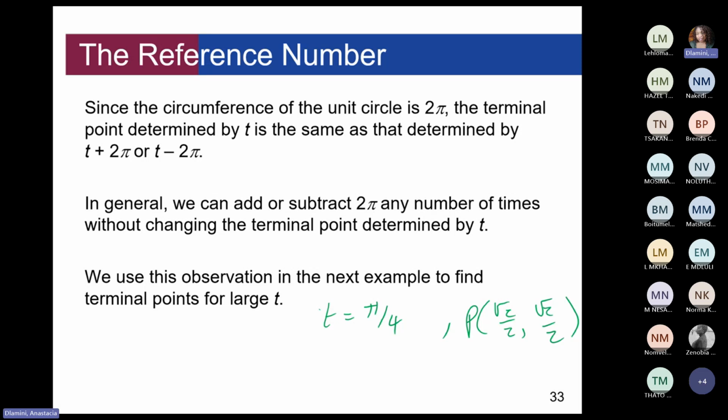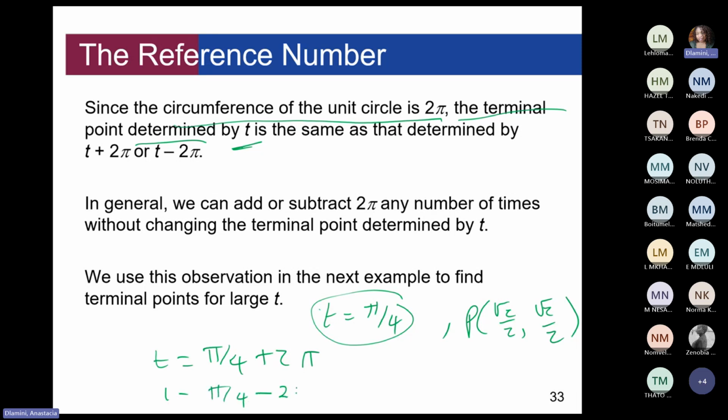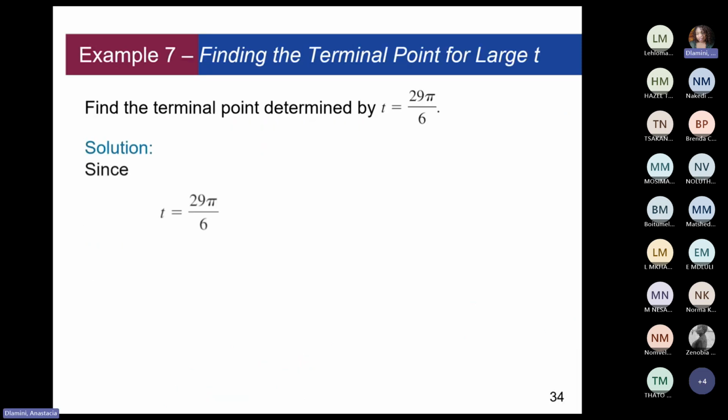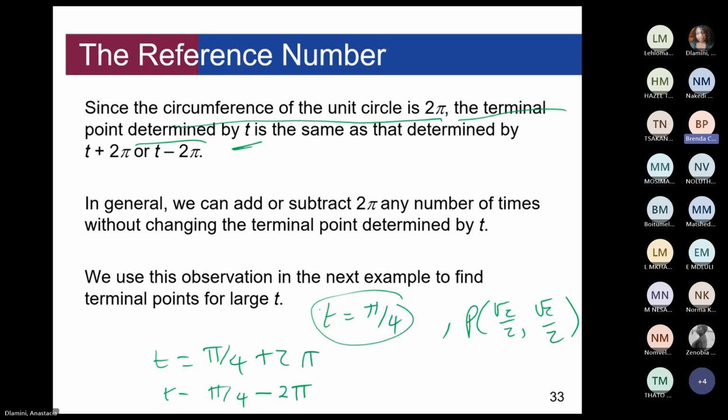So they are saying that because the circumference of the unit circle is 2 pi, then the terminal point given by this t is exactly the same as t equal to pi over 4 plus 2 pi, and t equal to pi over 4 minus 2 pi. Does it make sense? Yes, ma'am. So for an example, what is pi over 4 plus 2 pi?